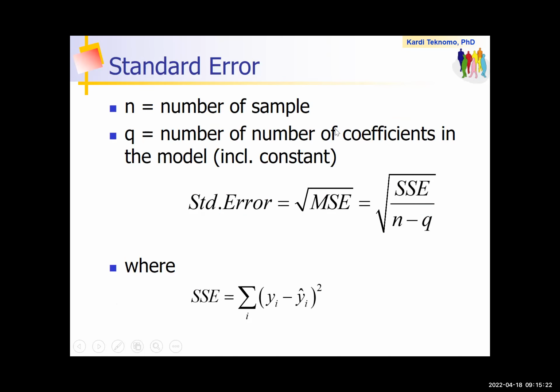Another measure of the overall goodness of fit is the standard error. It's basically the square root of MSE, that is SSE divided by N minus Q. N is the number of samples, Q is the number of variables, or the number of coefficients, because variables here include the intercept.